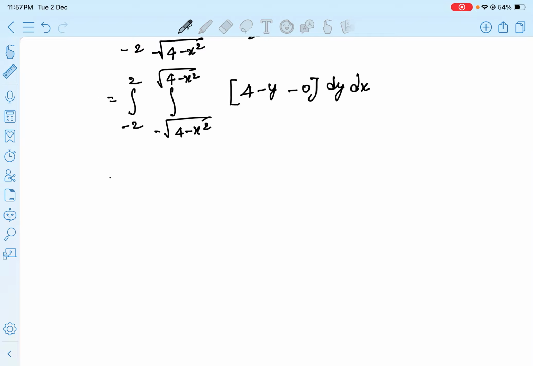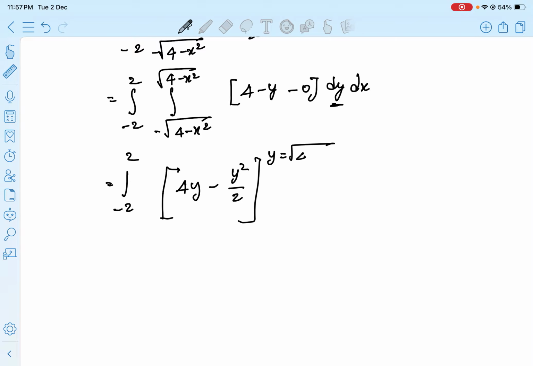Equal to the integral from minus 2 to 2, and the next integration we are going to do with respect to y. So we get 4y minus y square by 2, with limits y equal to minus root of 4 minus x square to y equal to root of 4 minus x square, dx.